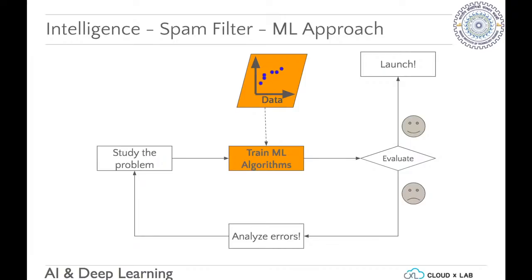Algorithms come up with these rules, which we call the model, and then we evaluate that model. If it's working well on unseen data, the data on which it was not trained, then we launch it. Otherwise, we go back to studying the problem, right?